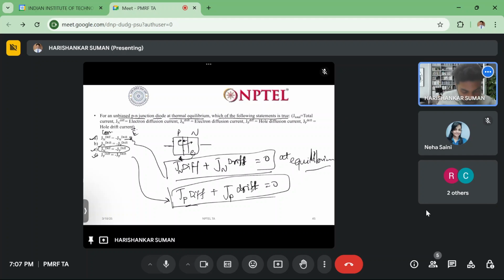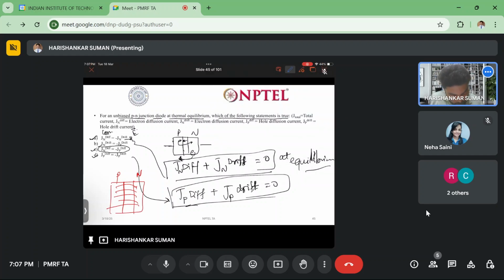Initially only diffusion will happen, due to the concentration gradient, holes moving and electrons moving.